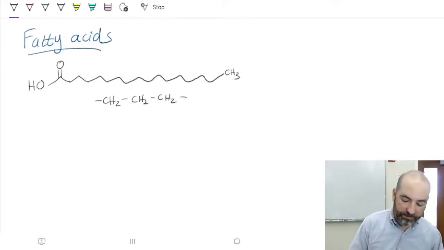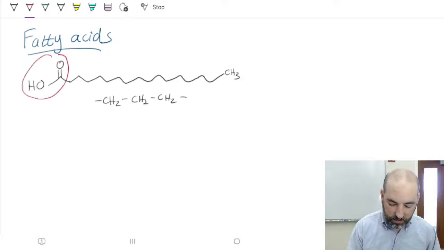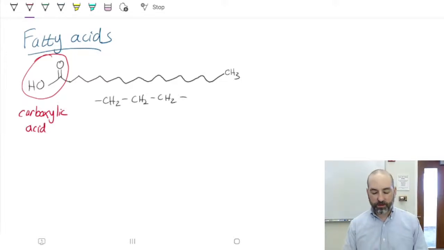And then over on the left, we see this functionality here. We haven't talked about functional groups, but this is called a carboxylic acid. That's where the acid part of fatty acid comes from, and that's what's going to allow it to connect in the ways that we're going to talk about.